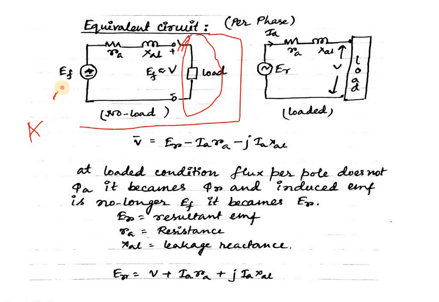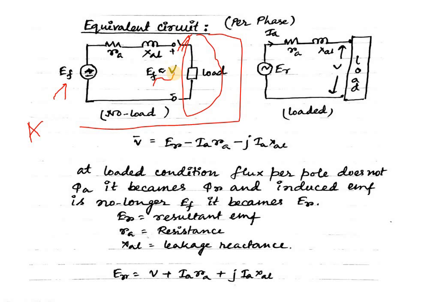Whatever amount of EMF is generated here, that much output voltage we get. That means the field EMF is nearly equal to the output voltage at no load condition.